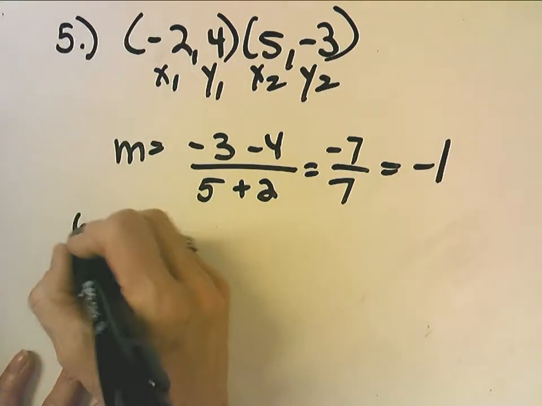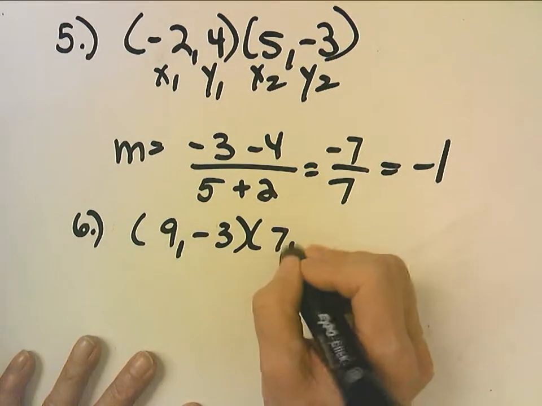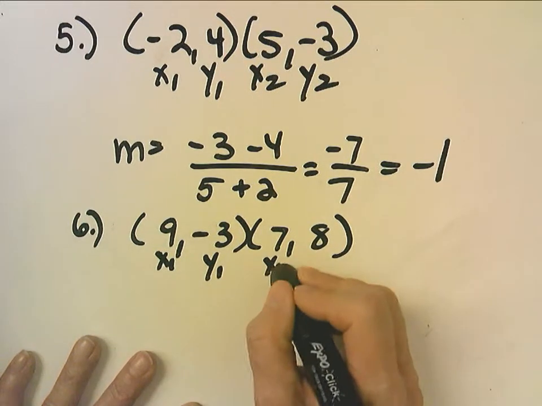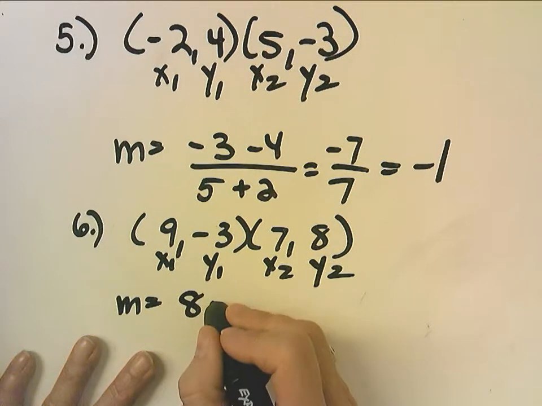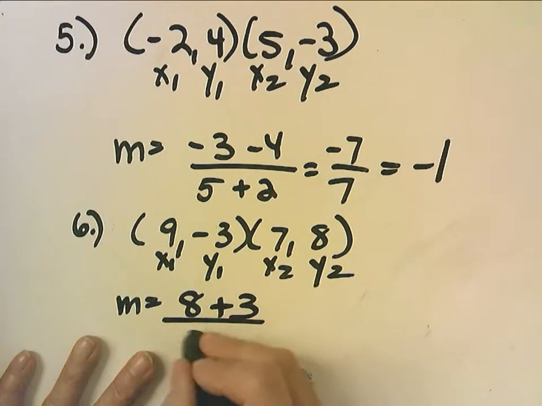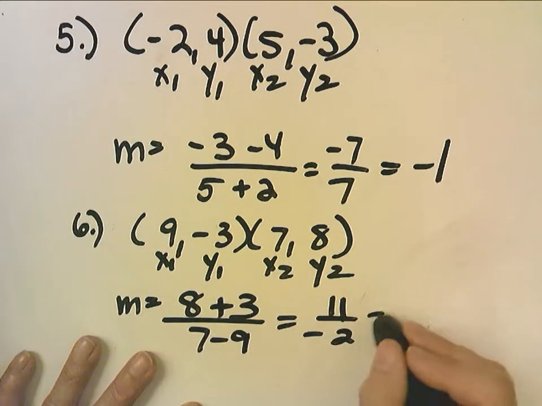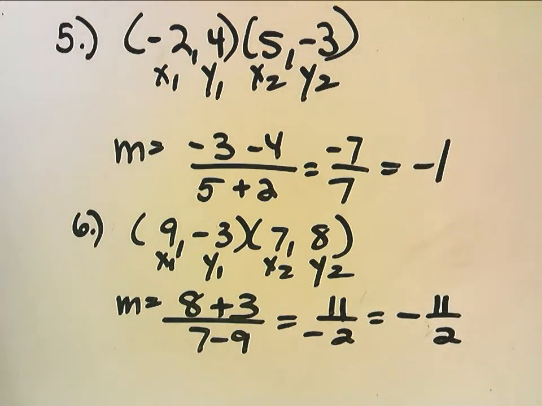Then number 6, (9, -3) and (7, 8), x sub 1, y sub 1, x sub 2, y sub 2. M equals 8 minus negative 3 is plus 3 over 7 minus 9, and we have 11 over negative 2, which is the same as negative 11 halves.